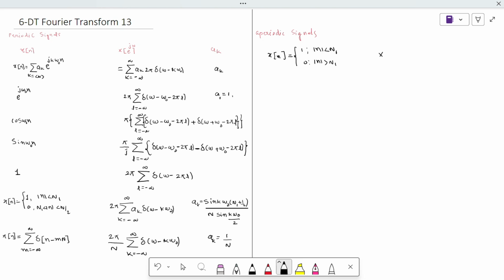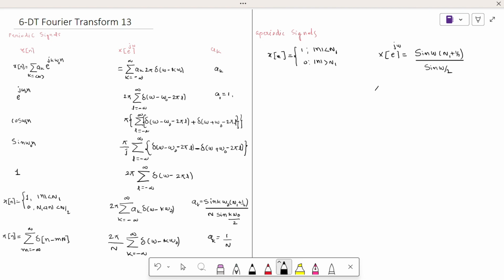For that, the Fourier transform X of e power j omega equals sine omega into N1 plus 1 by 2 by sine omega by 2.